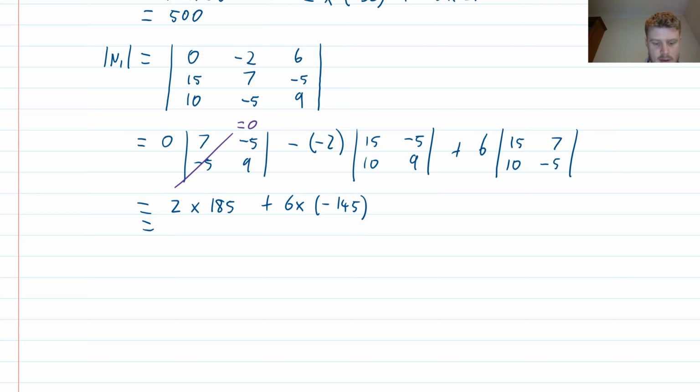Then 2 by 185 minus 6 times 145 is -500.